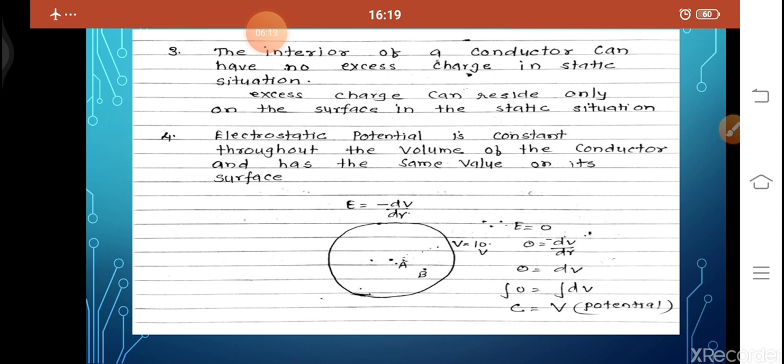So inside the conductor, the potential difference between point A and point B will be 0. Hence, the net work done to move from point A to point B inside the conductor will be 0, because these two points are at the same potential. So when the points are at the same potential, we will not require any work. Hence the potential difference inside the conductor is 0.